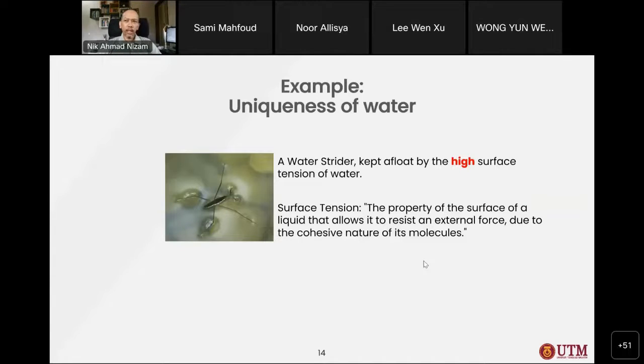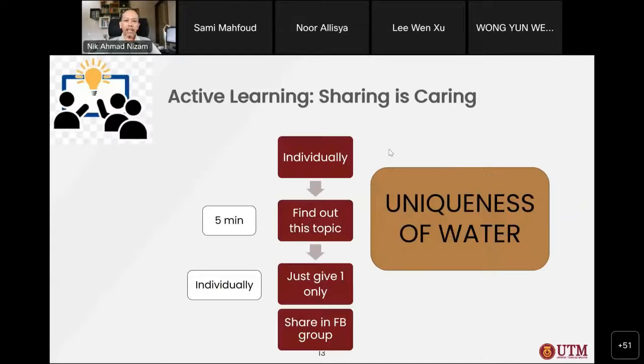Because we have 57 students here, but if you come up with a very unique point about the uniqueness of water, different from others, that's actually very good. So that's why I said sharing is caring. So you share what you have done.